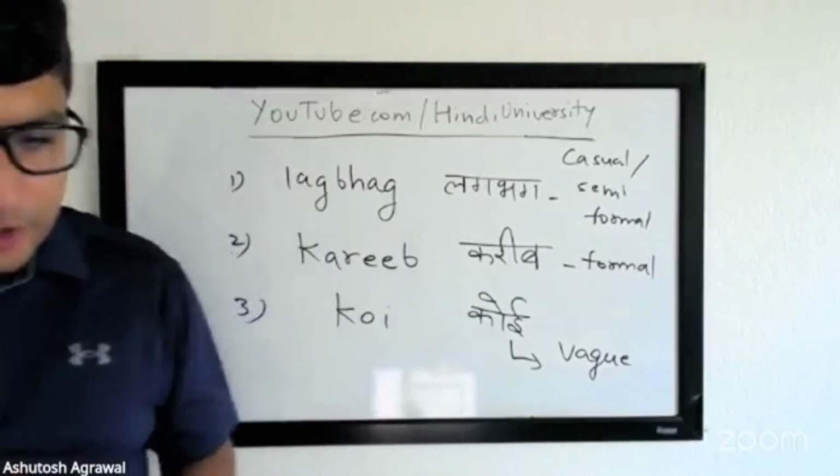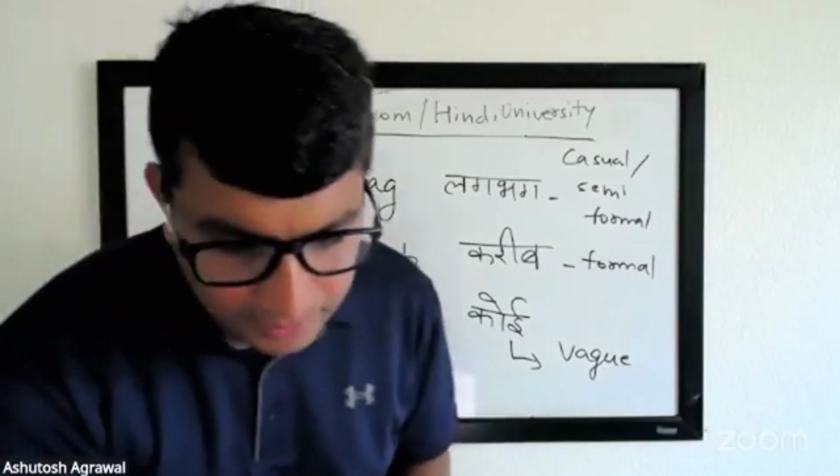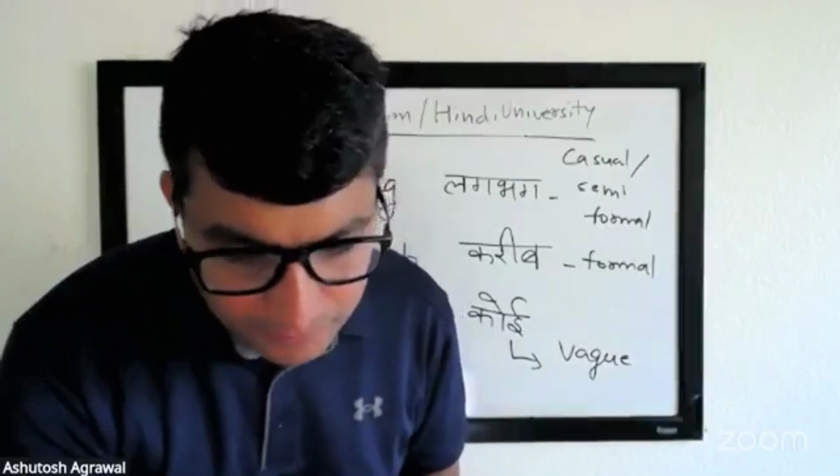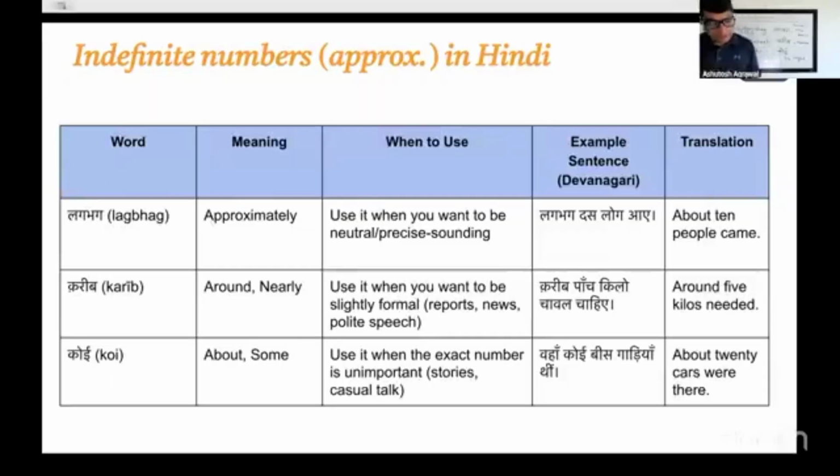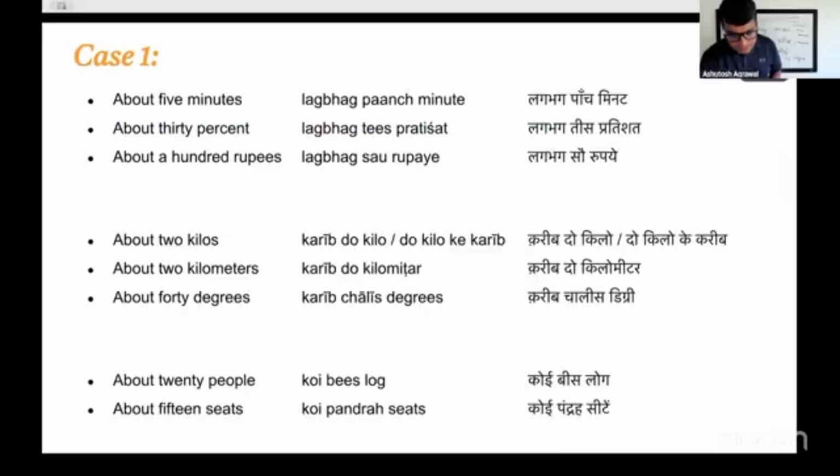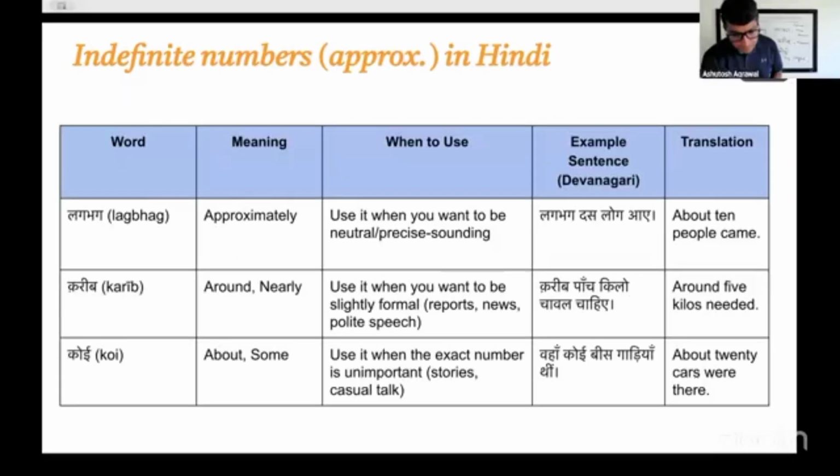Okay, so I'm gonna show you a little bit more description around them so you can get a feel of it. So it's lagbhag, it means approximately, okay, approximately for lagbhag, and you use it when you want to sound neutral. The tone will be neutral there when you want to use lagbhag. Lagbhag 10 log aaye, okay, about 10 people came, okay.